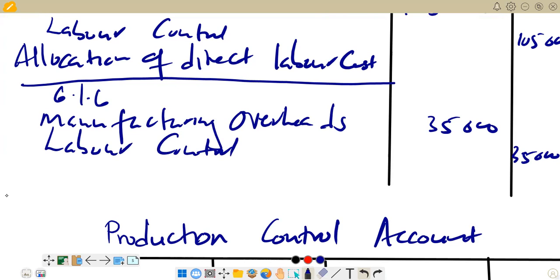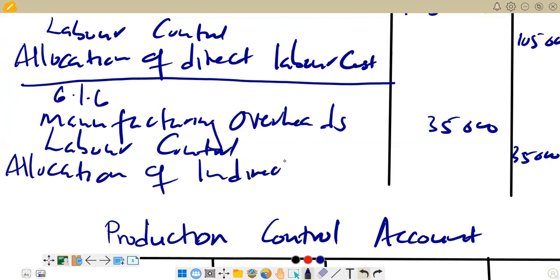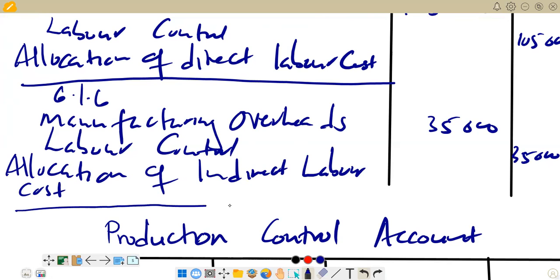So obviously we make a narration again of allocation of indirect labor cost. So this is what we have in terms of the general journal on the first part of this question, and then the second part of this question.